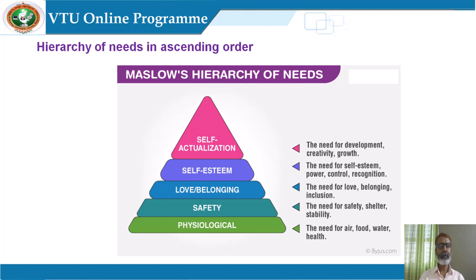Then last, at the peak of the pyramid, is the need for self-actualization: need for development, creativity, growth in the organization. Almost at the end of it, you feel comfortable in your life. That is the fifth level needs. This is how it is arranged in the pyramid.